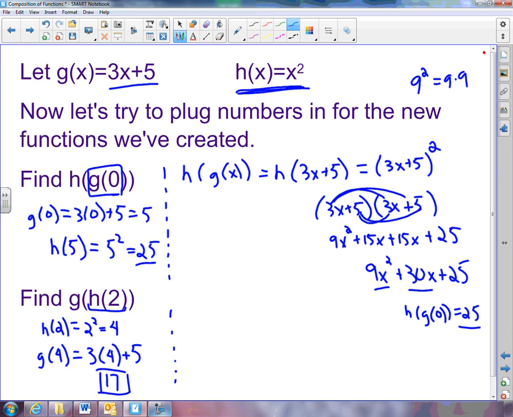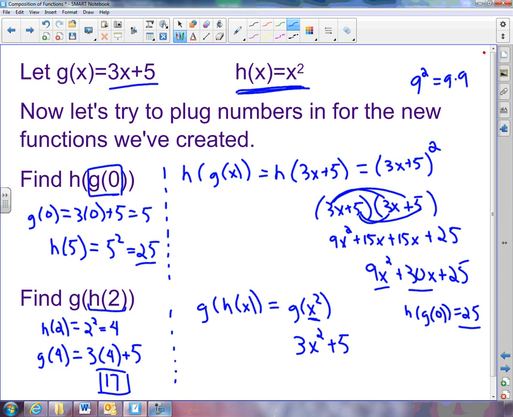Now let's do it the other way. Here let's find out what g of h of x is. Well, I'm going to take h of x and plug it into g. So I'm going to find out what g of x squared is. Then I'm going to take the x squared and plug it in for the x in g. So I end up with 3, where the x was, I'm replacing it with x squared, plus 5.